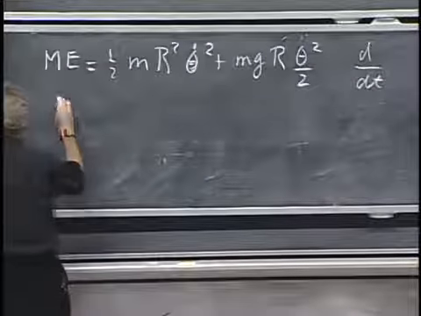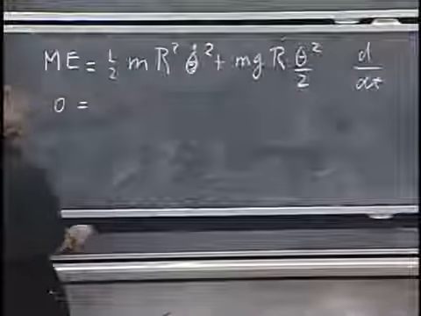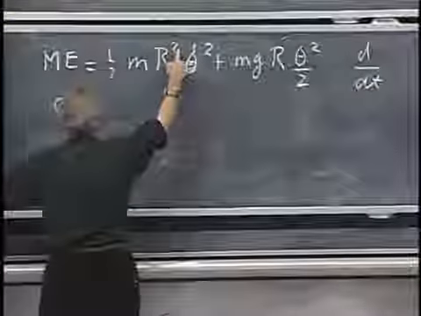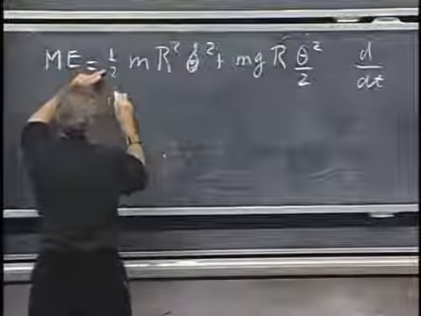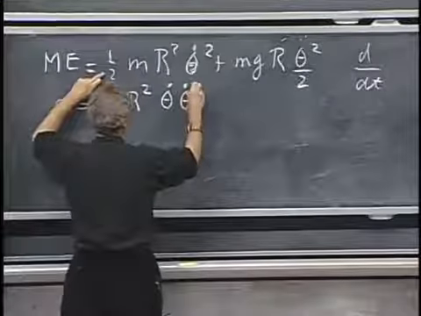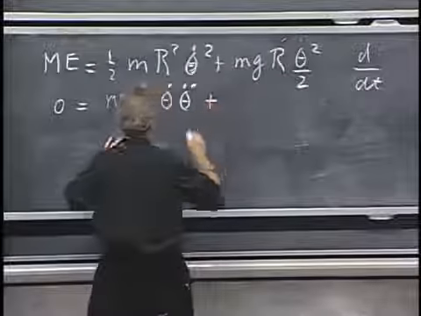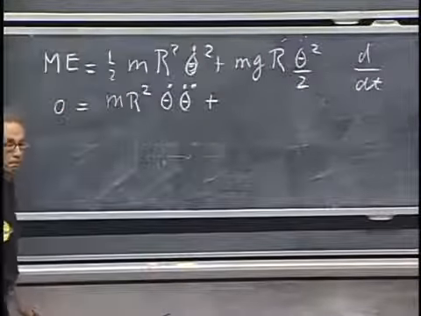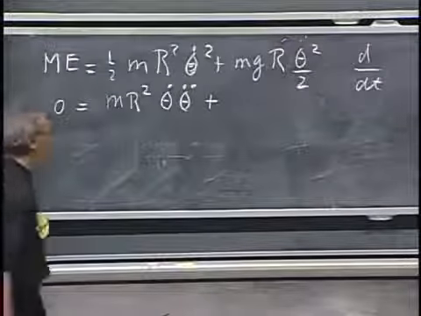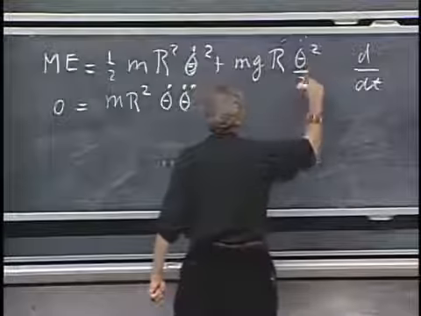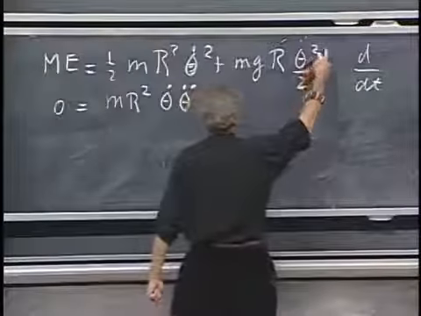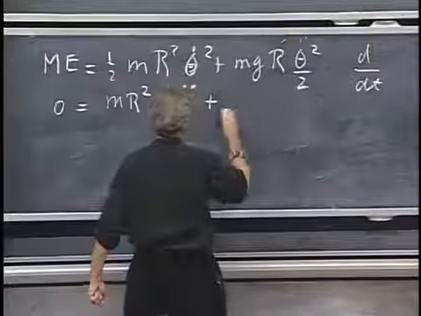So this becomes 0 equals. Now, I get a 2 out of here, which eats up this 1/2. So I get m r squared. Then I get theta dot, but the chain rule gives me a theta double dot. Excuse me? Anything wrong? I don't think so. Thank you. So I have to take the derivative of this one. The 2 flips out, which eats up this 2.